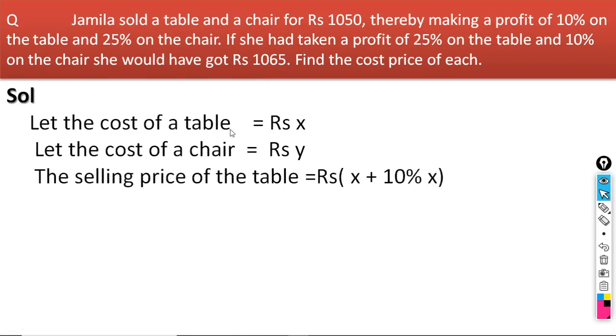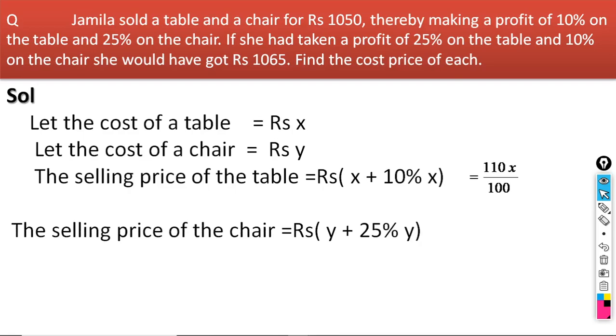And in the next step, the selling price of a table we want to calculate here by making a profit of 10%. A profit of 10% means x + 10% of x. By solving this, you get 110x/100. The selling price of a chair, it is 25% profit on the chair.